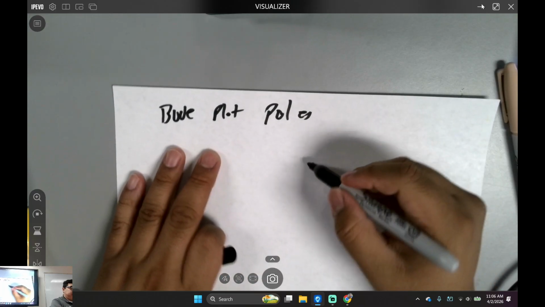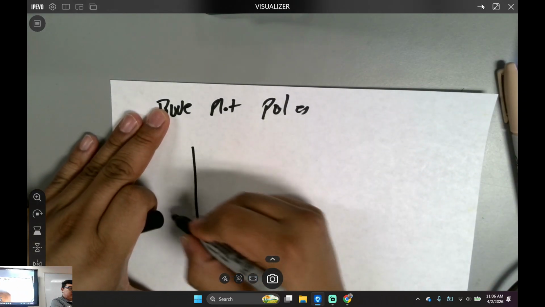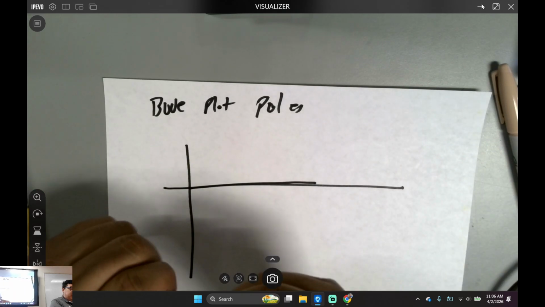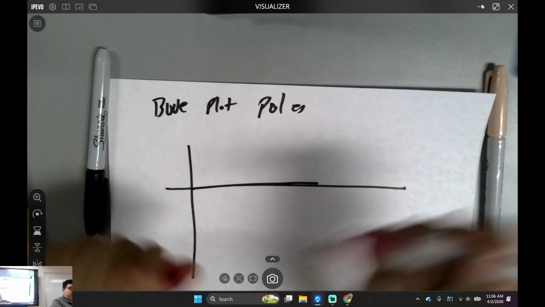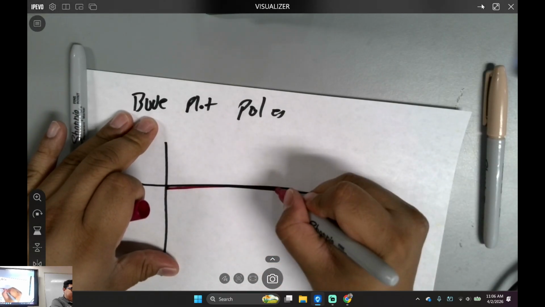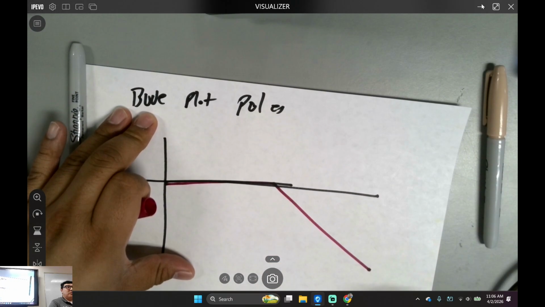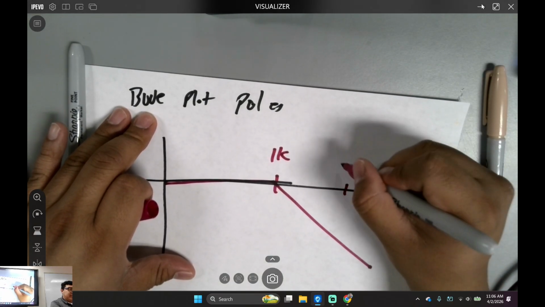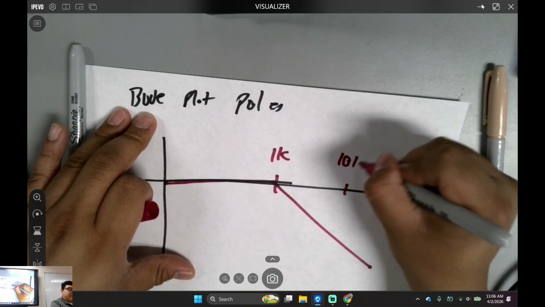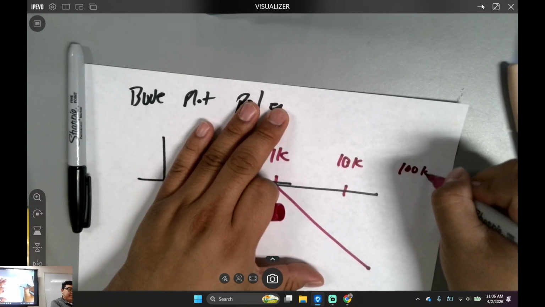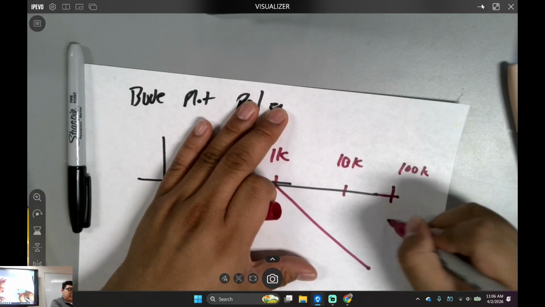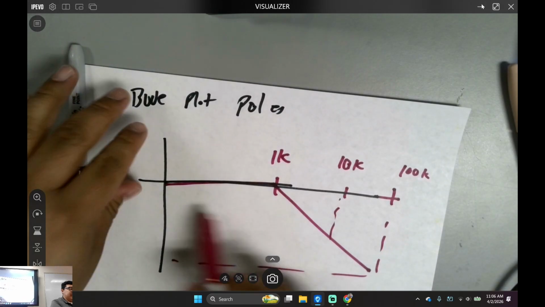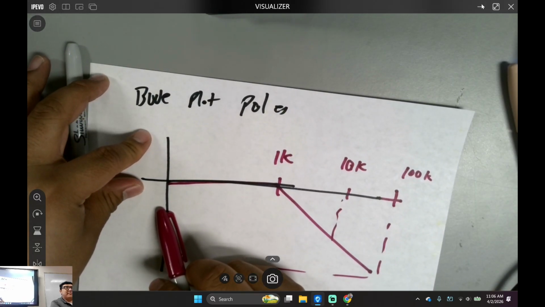And then I'm going to use a red marker. Everything's the same. This is 1K right there. This is 10K. This is 100K. Everyone understanding what's going on? And this is for the magnitude response.